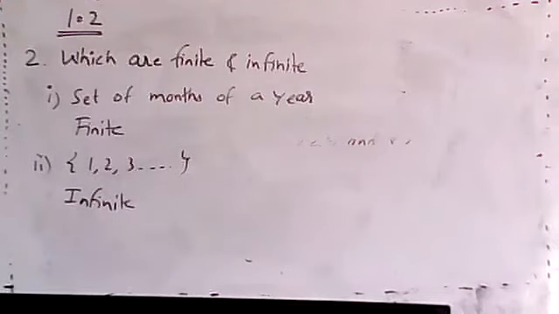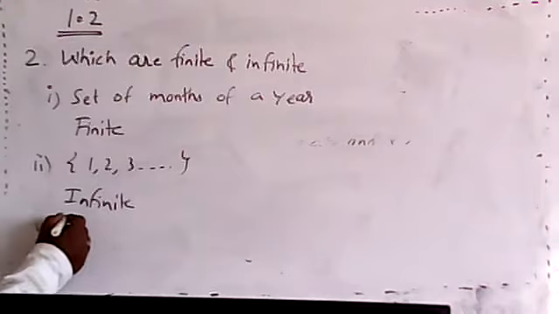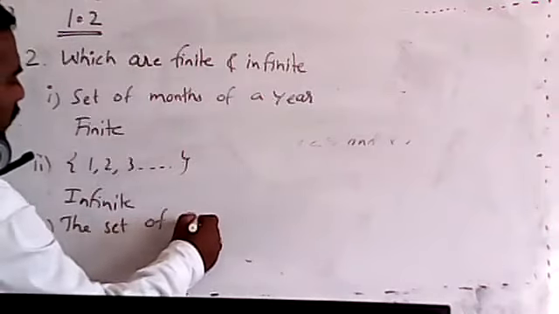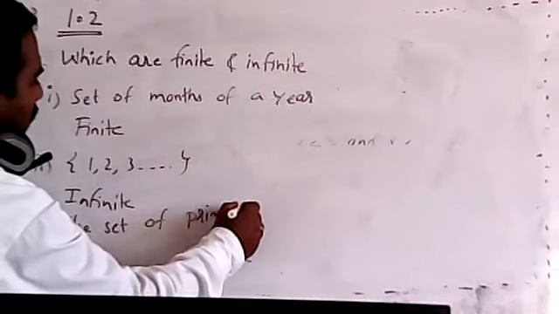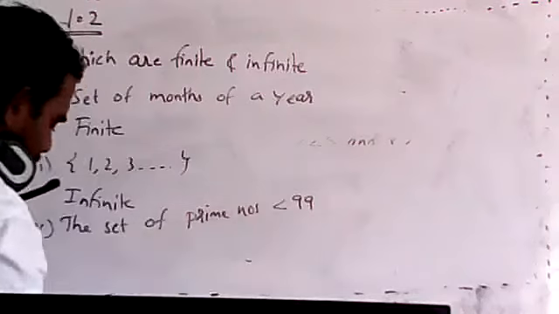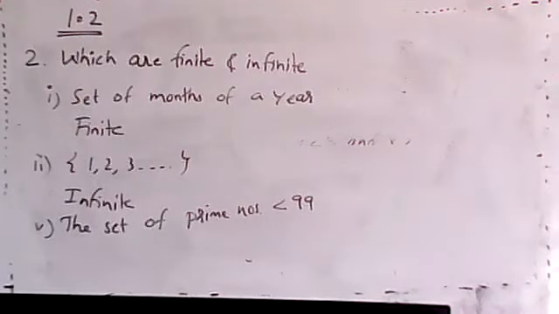Let me take the set of prime numbers less than 99. Let me see how many will answer. Finite, finite. Many are answering finite only. Is 25 a prime number?